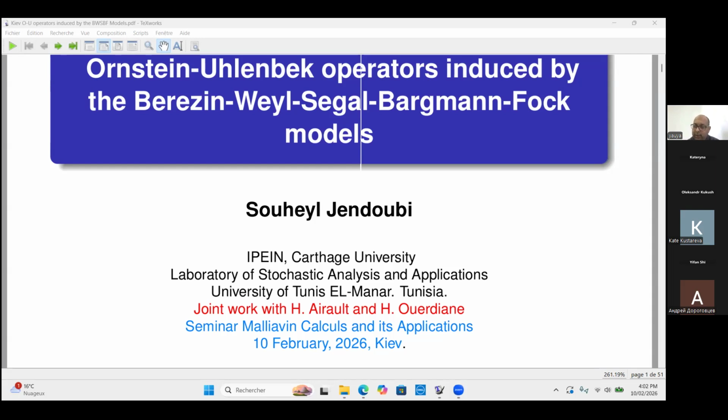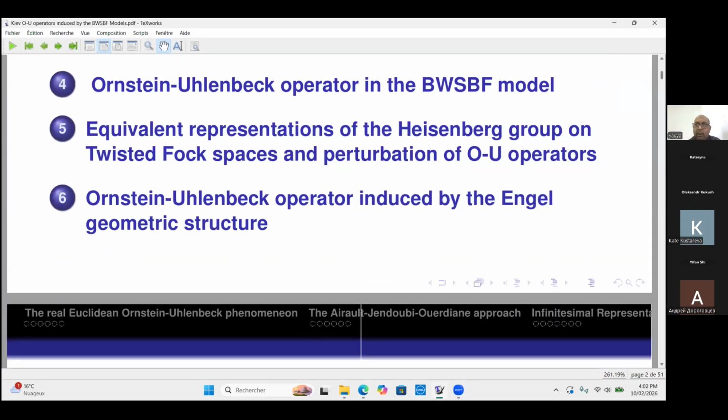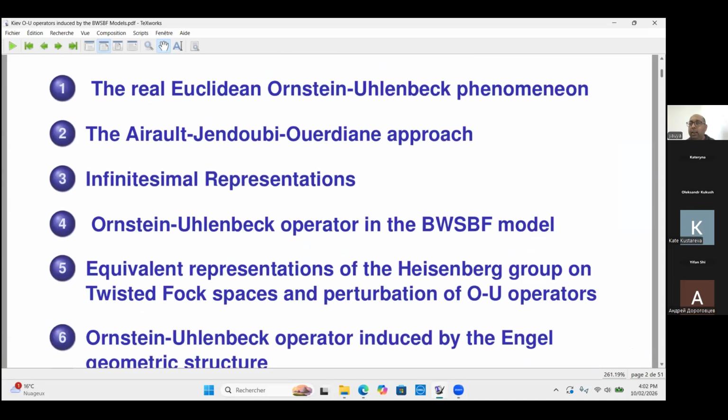The planning of my talk is the following. First, I will recall some properties of the real Euclidean Ornstein-Uhlenbeck operator and process. Then I explain the method proposed by Héroux and Warden to construct the Ornstein-Uhlenbeck operator in some geometric model using Lie theory representation and the infinitesimal representation of their associated Lie algebra.